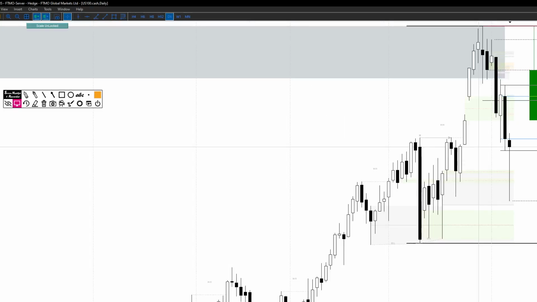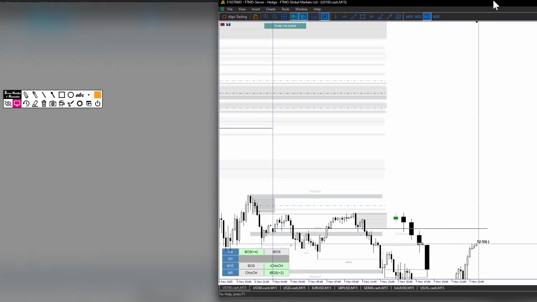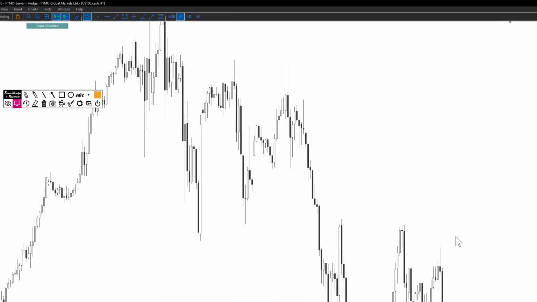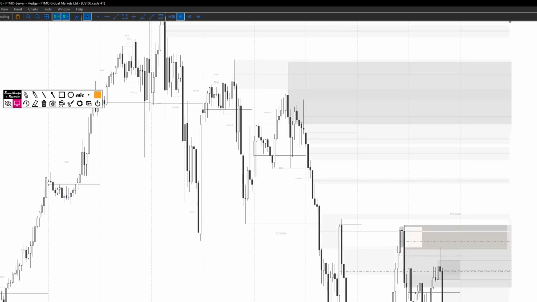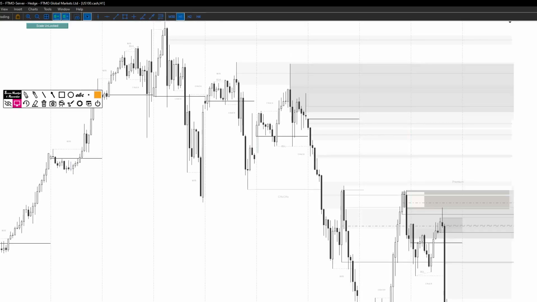On the 1 hour time frame, this is what we look like. So we had a pretty strong sell off.